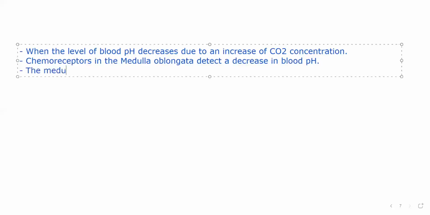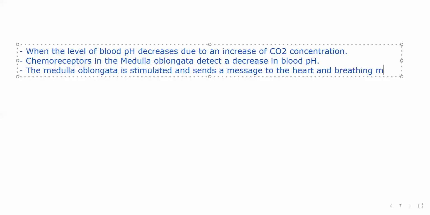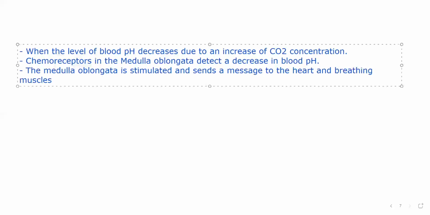The medulla oblongata is stimulated and sends a message to the heart and breathing muscles. So a message is sent to the heart and to the breathing muscles.